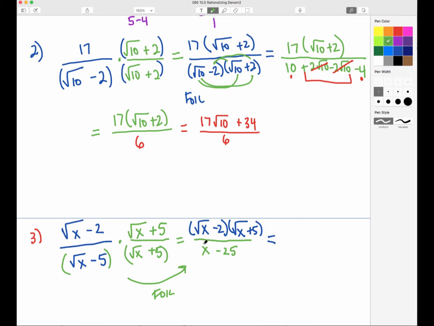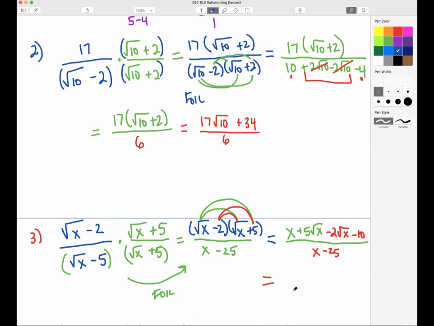So as I am foiling, root x times root x, that gives me x. Now the outer, root x times 5, so plus 5 square roots of x. Now I'll do the inners, minus 2 square roots of x, and then the last, we have minus 10. And the denominator stays the same, x minus 25.